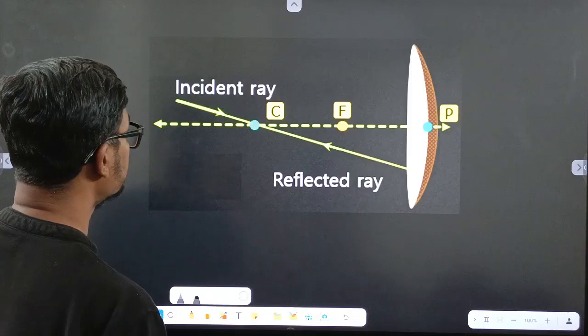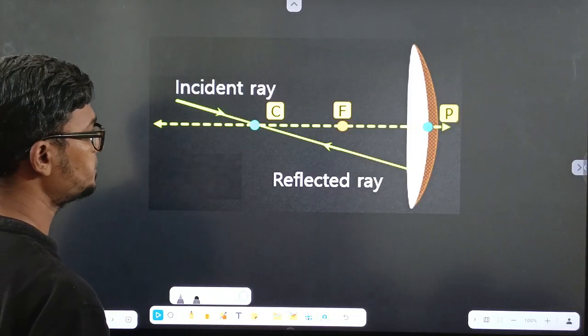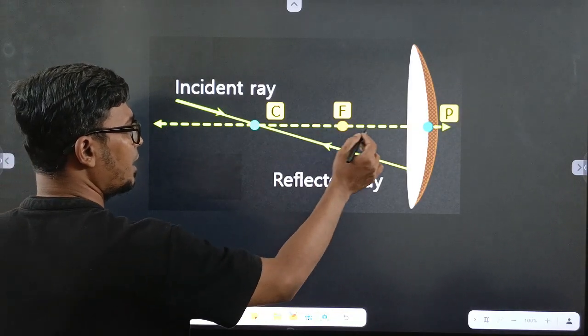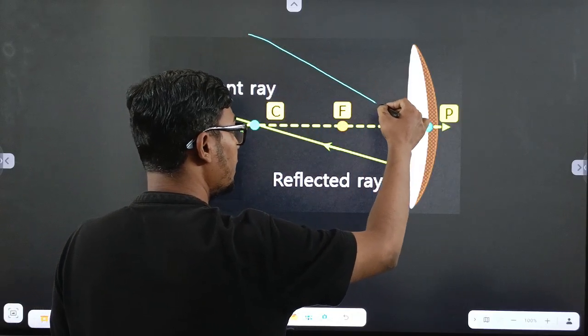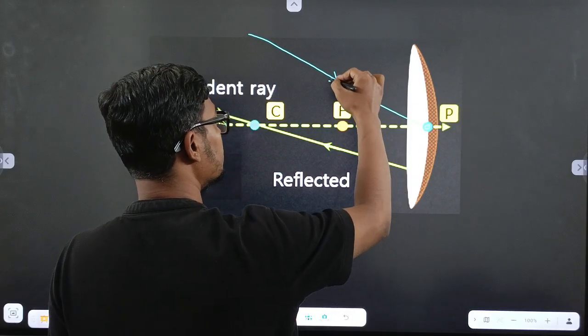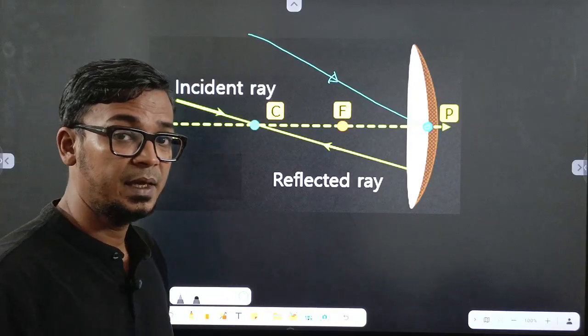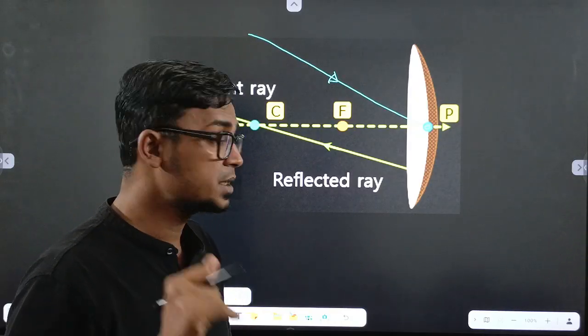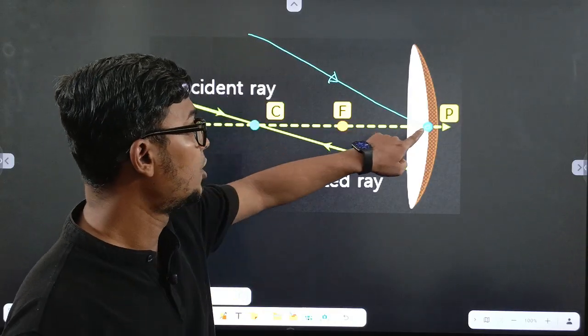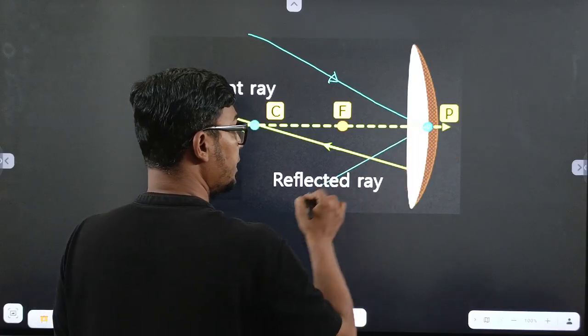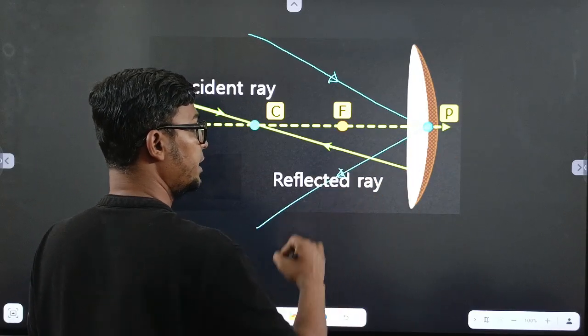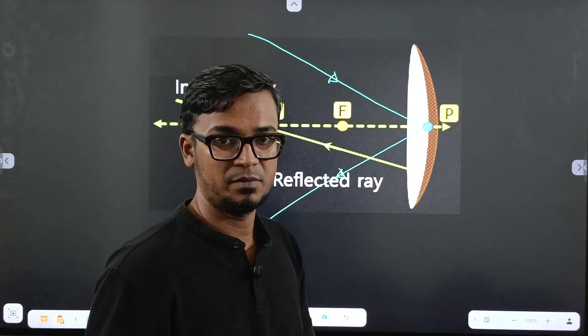And the fourth rule is that when an incident ray just falls on the pole, then it will follow the reflection of light for the plane mirror.